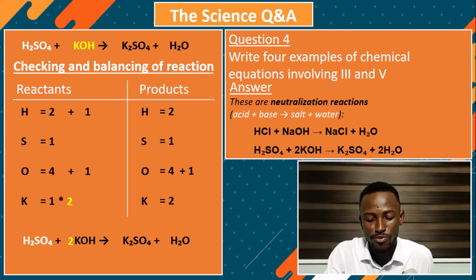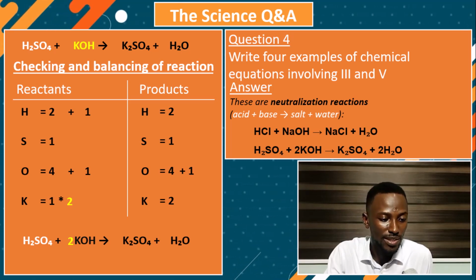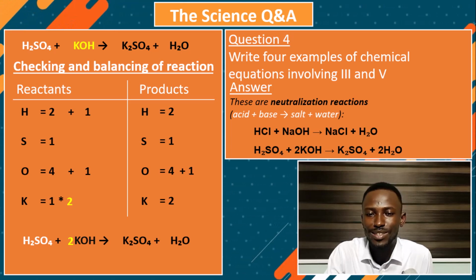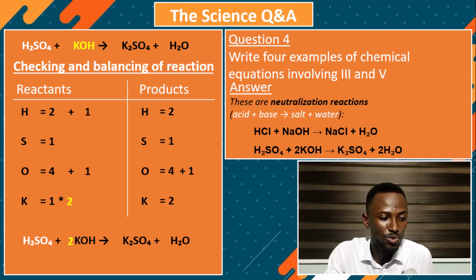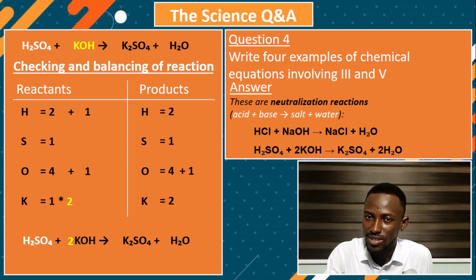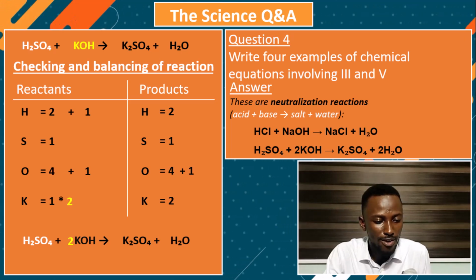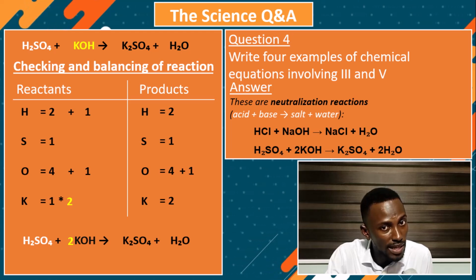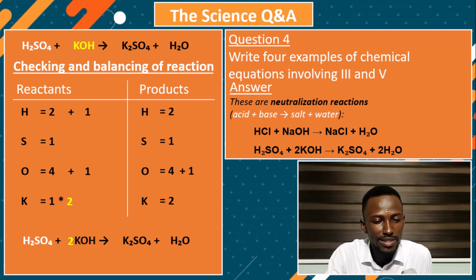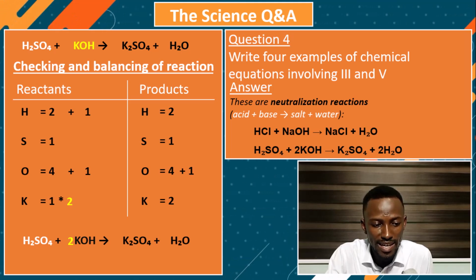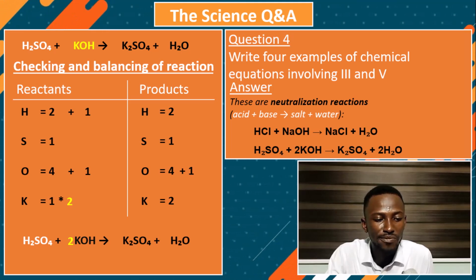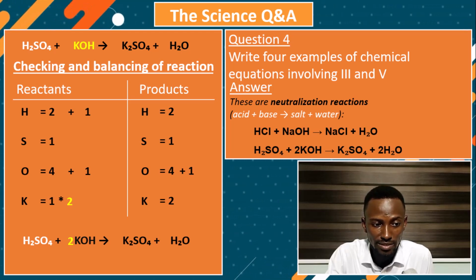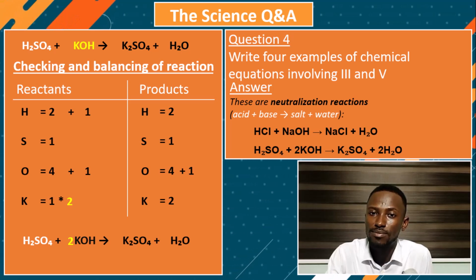After writing them in front, that means it's going to affect what you are doing. So now the potassium is 2 and the potassium for the product side is also 2. But here is one interesting thing. Take note of this. We've written 2 in front of KOH, but the 2 affects not only the potassium, it affects the oxygen and the hydrogen as well.